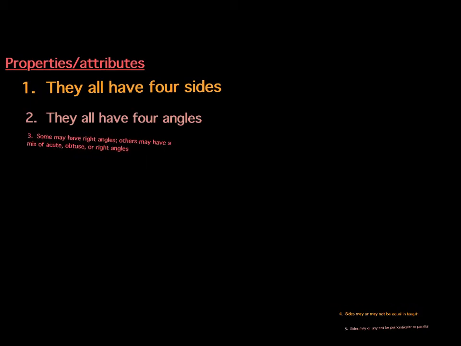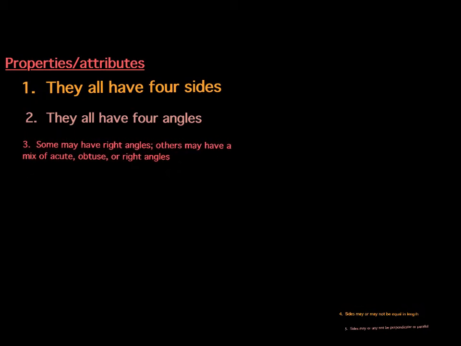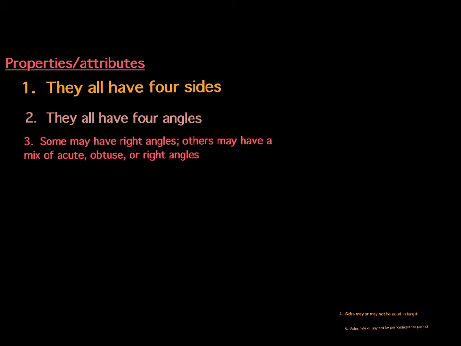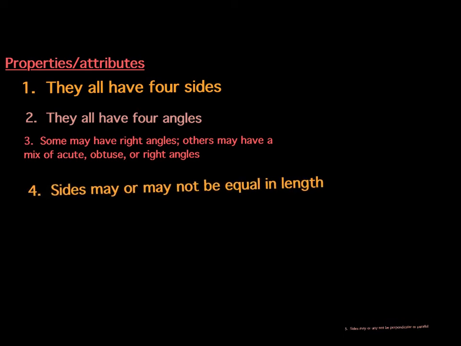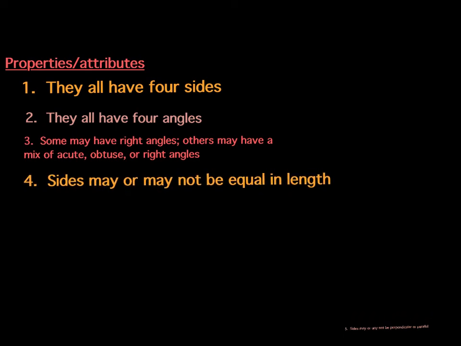Our third attribute or property is some of them may have right angles. Others may have a mix of acute, obtuse, or right angles. Number 4. Sides may or may not be equal in length.